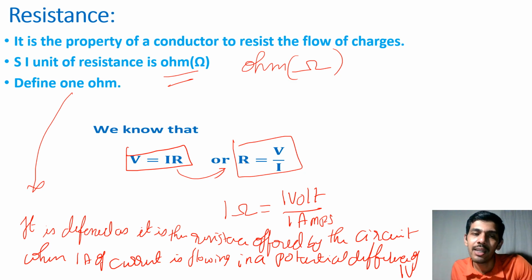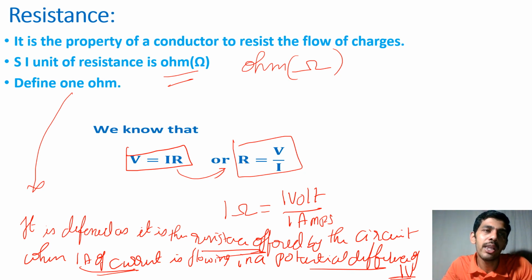So when the potential difference is 1 volt as well as the current flowing through the circuit is 1 ampere, then the resistance offered is said to be 1 ohm. That is the definition of 1 ohm: the resistance is said to be 1 ohm when 1 ampere of current is flowing through a circuit kept in a potential difference of 1 volt.